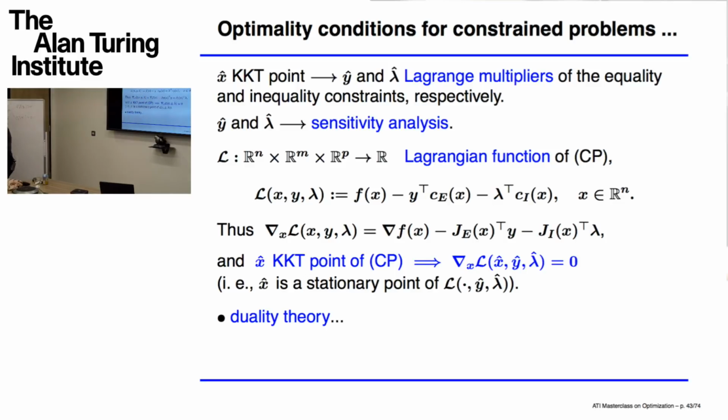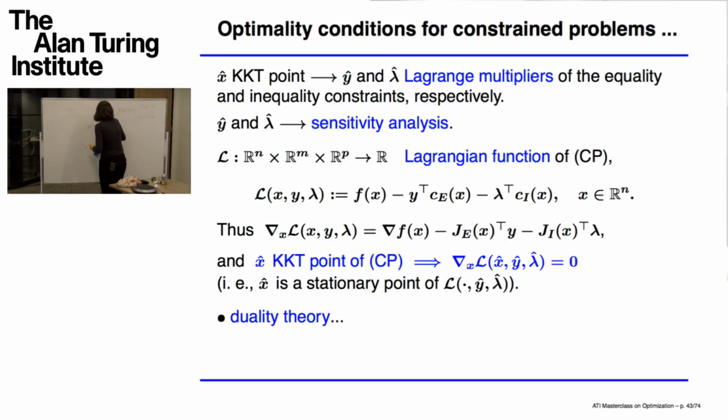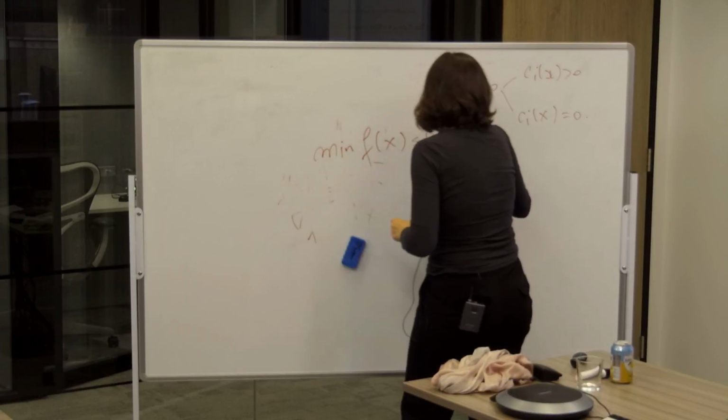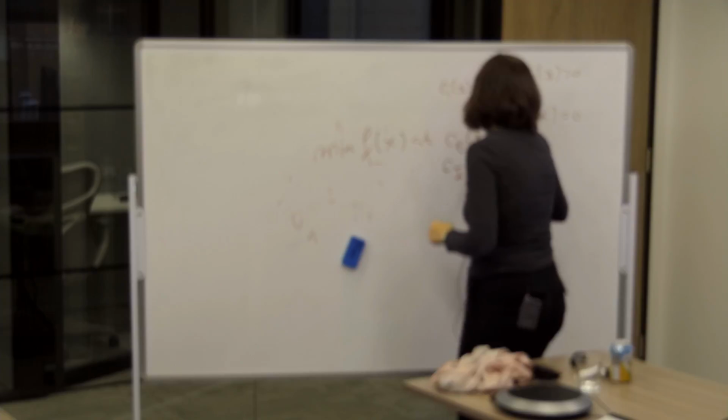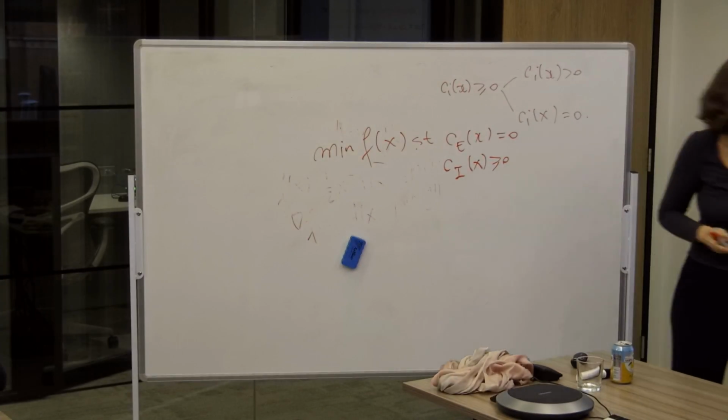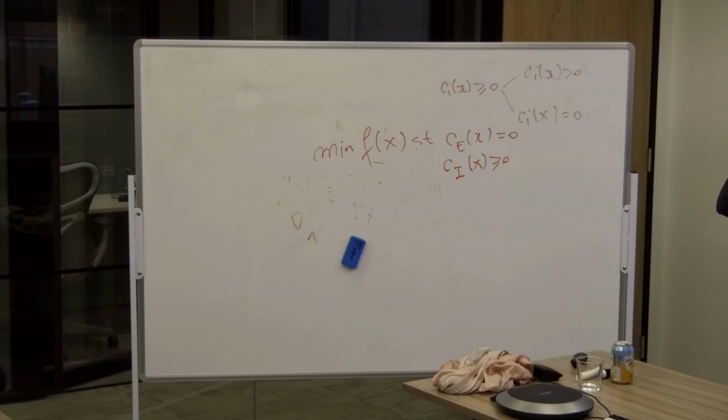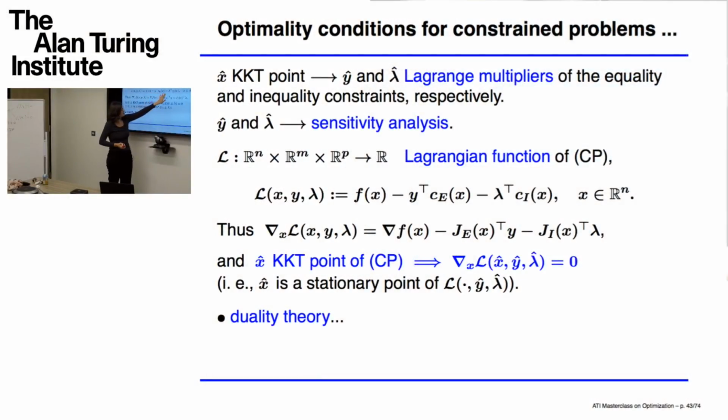So the constrained problem is: minimize f of x subject to... okay, so we associate an unconstrained objective that looks at a linear combination of constraints, and we see that the KKT conditions correspond to stationary points of this Lagrangian function at the values of the coefficients y and lambda that appear in the KKT conditions, the optimal multiplier values.